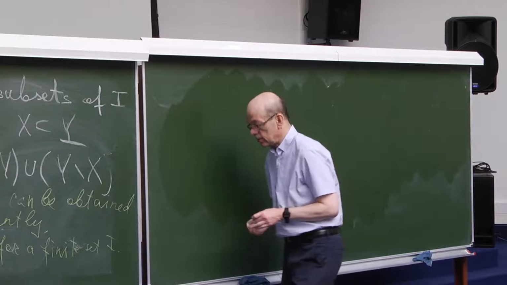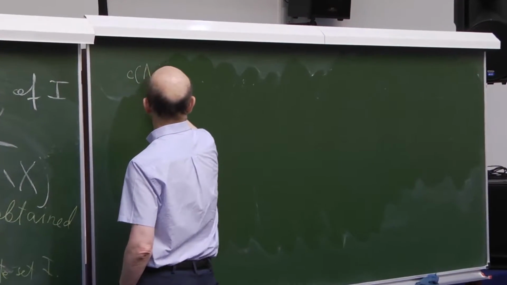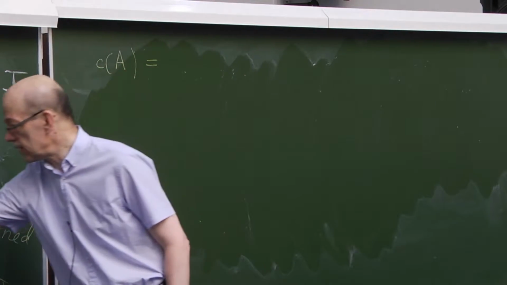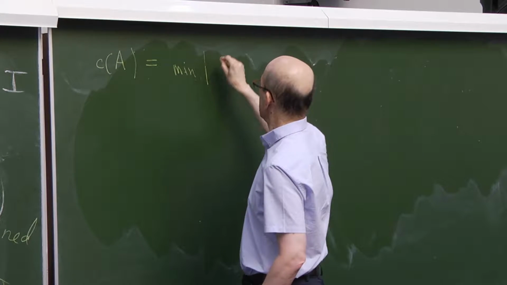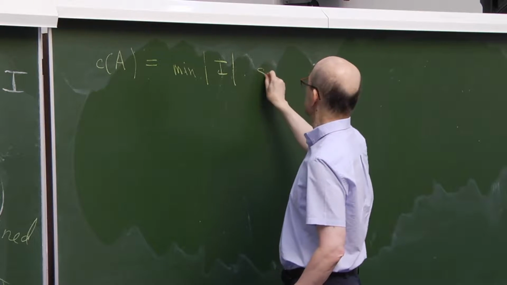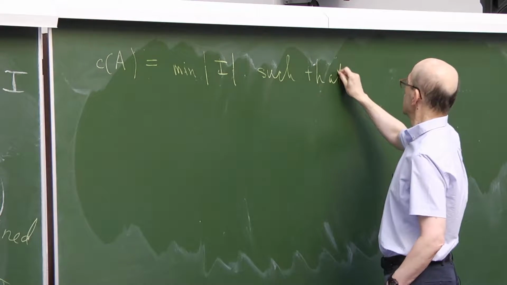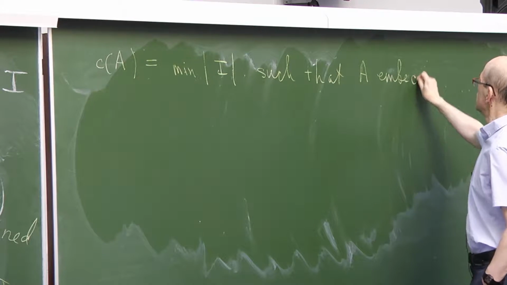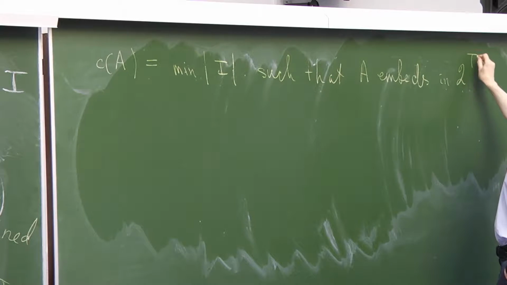So the complexity of a plane additive poset is the minimal cardinality of a set I such that A embeds in 2 to the power I.